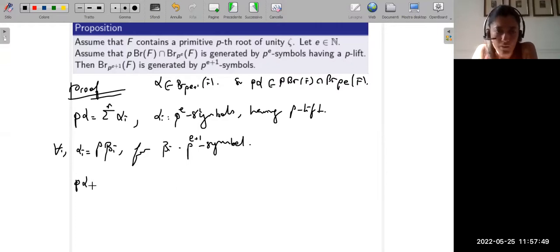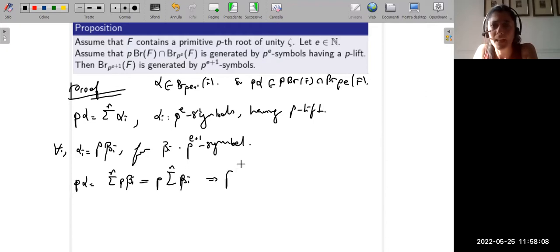So p times alpha is equal to the sum of these alpha i's, but they are equal to p times beta i. We are in a group. So this is at the same time equal to the sum of p times beta i's. And this means that p times alpha minus this sum here is 0 in the Brauer group, right?